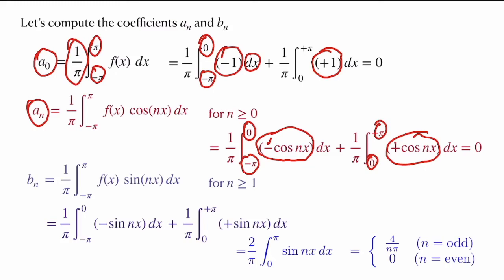This is also again for the same reason: we have an odd function f of x which is multiplied by an even function cos nx. Cos nx is an even function because it does not change its value when you change from the positive side to the negative side.